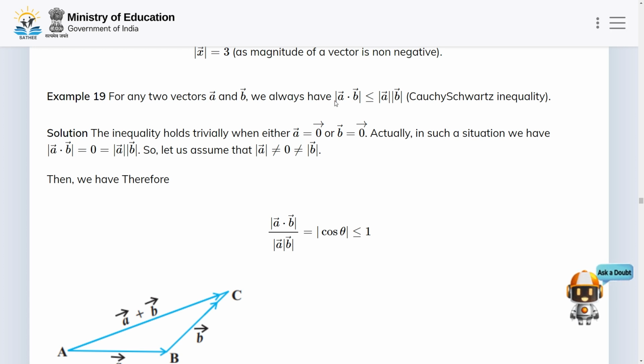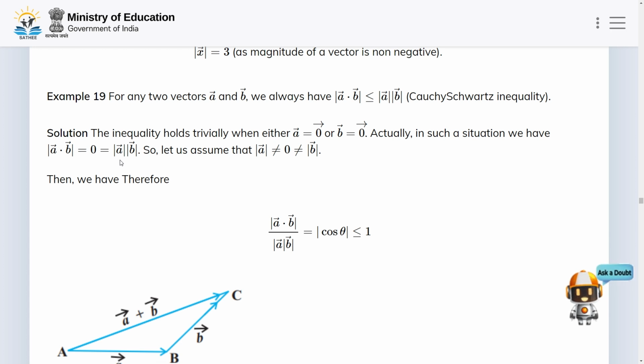First of all, if either a or b is the 0 vector, then, as you have already seen, theta cannot be defined here, and the dot product we have defined is equal to 0. This means the absolute value of the dot product is also 0, and the magnitude of a and b, and their product, will also be 0.